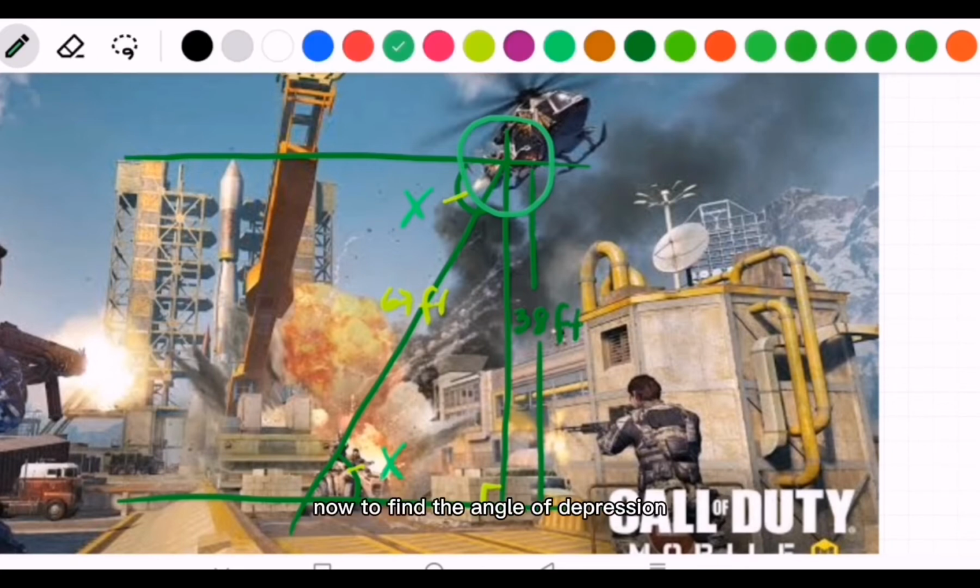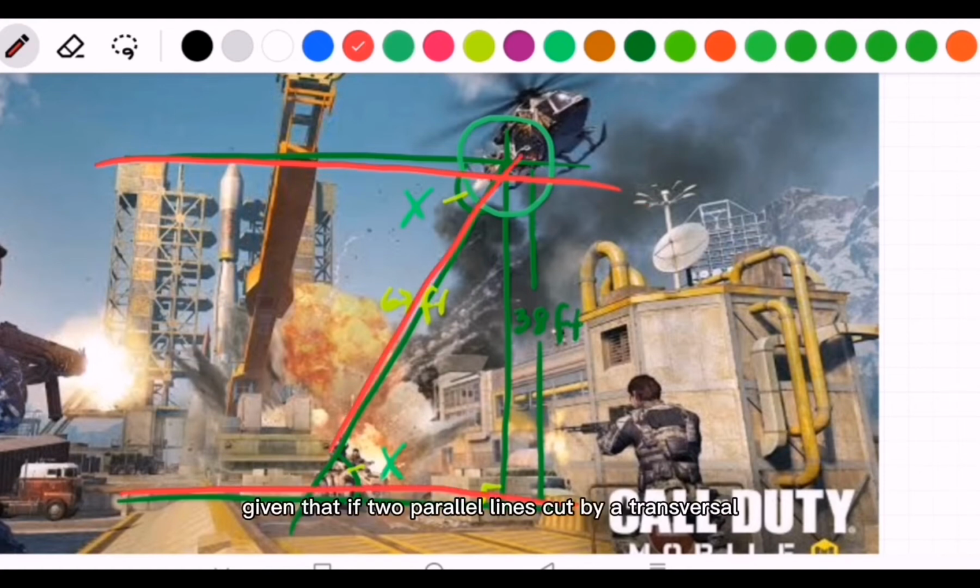Now, to find the angle of depression, which is labeled as X in here, we'll be using the theory about two parallel lines. Given that if two parallel lines are cut by a transversal, then the alternate interior angles are congruent. Therefore, this angle of depression here is congruent to its alternate interior angle.